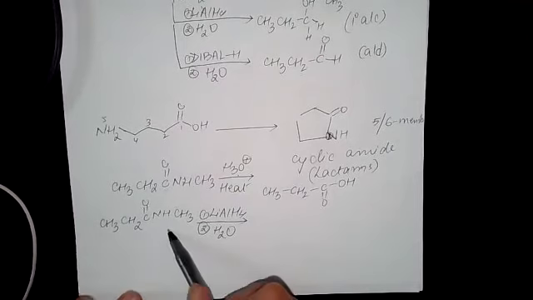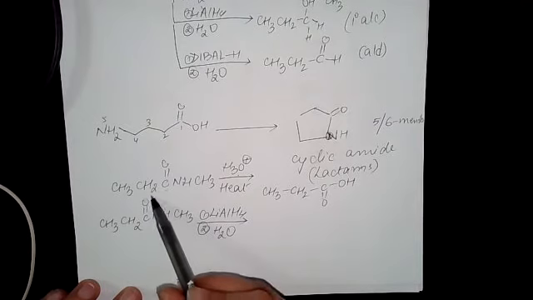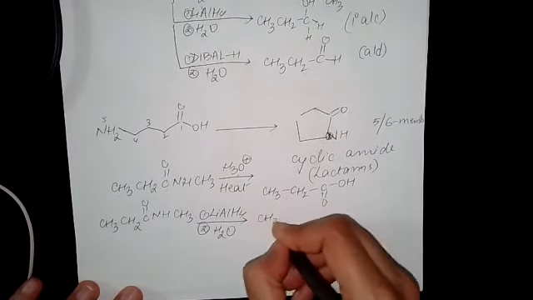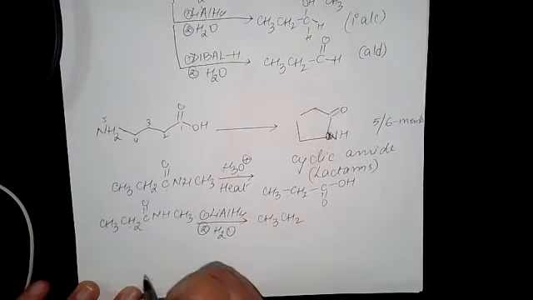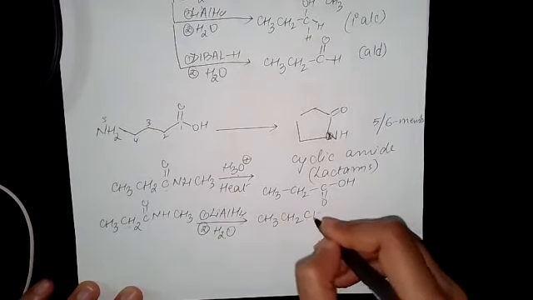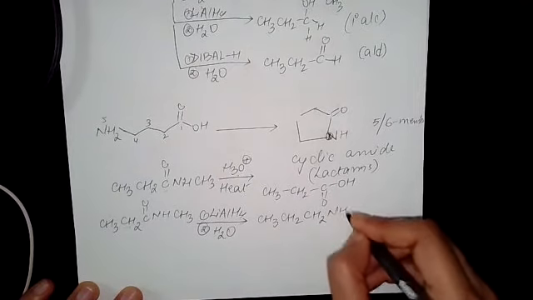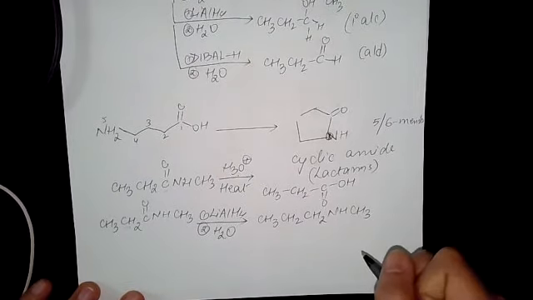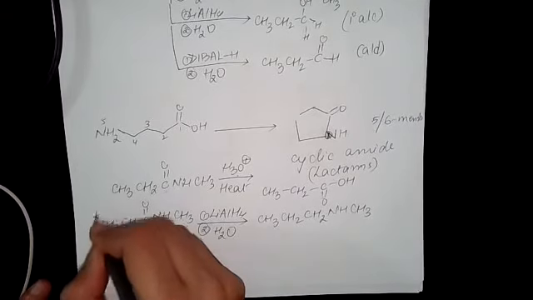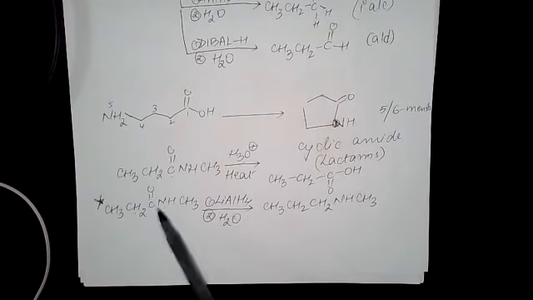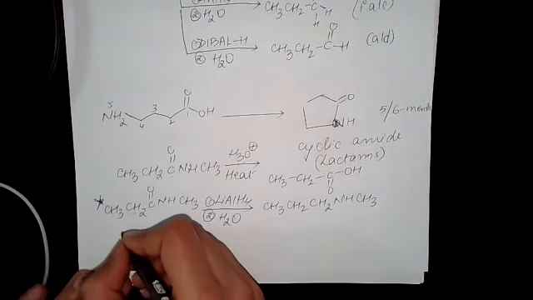The difference here is when you have an amide and you're using lithium aluminum hydride, all that happens is the complete reduction of this carbonyl. So we will have this CH3CH2. And instead of this C, I will now have a CH2. The rest of the group stays the same. So this is a newer and different kind of reaction for lithium aluminum hydride and the carbonyl groups.